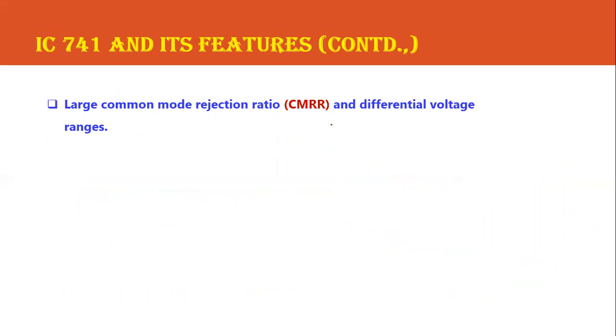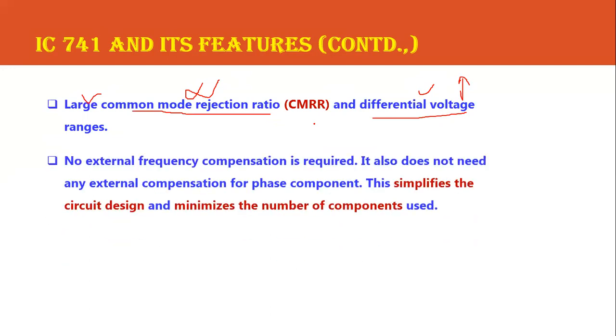Next, you have the common mode rejection ratio and the differential gain, differential voltage ranges being very large values. Ideally, CMRR is equal to infinity and differential gain is a very high value. We know that CMRR is nothing but AD by AC.